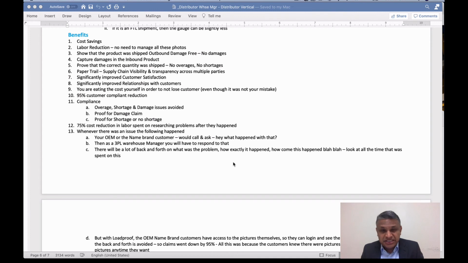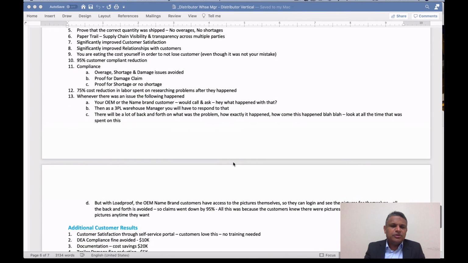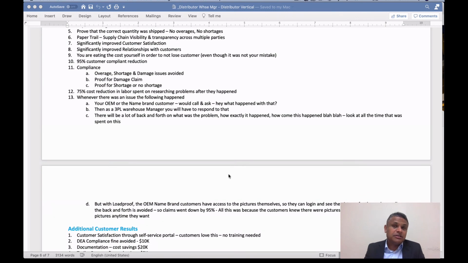So you don't have to sit there with your team in meetings and figure out what happened, why it happened, how you're going to make sure it doesn't happen again, and all that time that is spent is not needed, right? And in a customer scenario, there is a lot of time that's spent on answering questions back and forth.